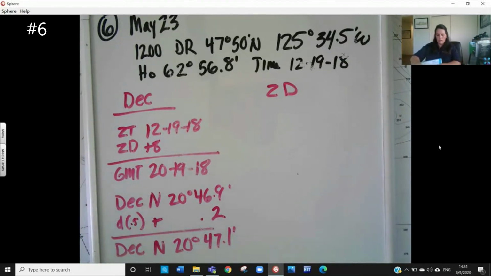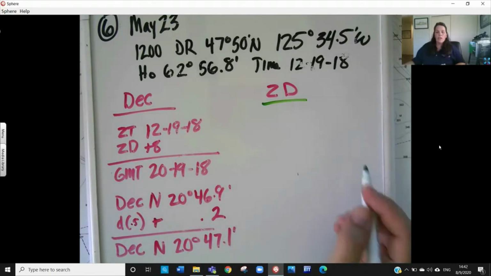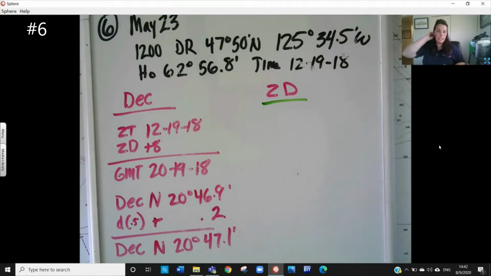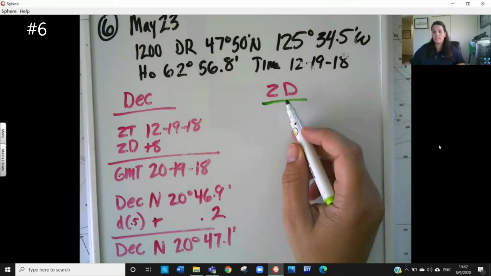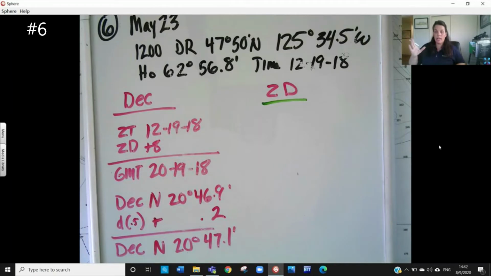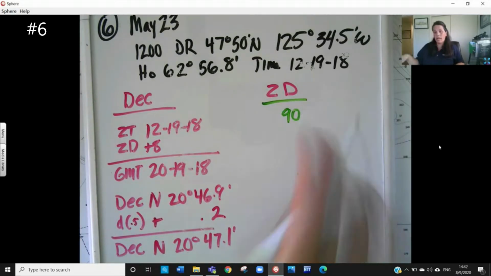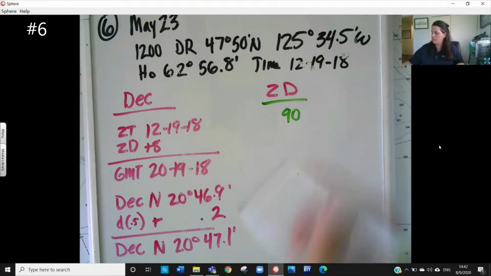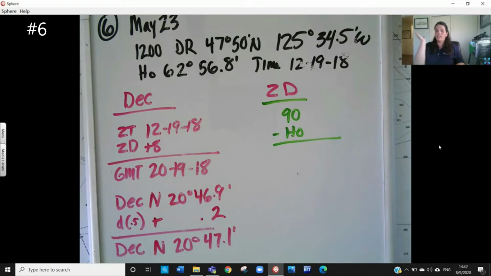Then for our zenith distance. To find zenith distance, it is the distance from zenith to the body in relationship to the celestial horizon. So we can figure that out by saying 90 minus our HO, what our altitude is, will give us our zenith distance, what it is from the body to the zenith.